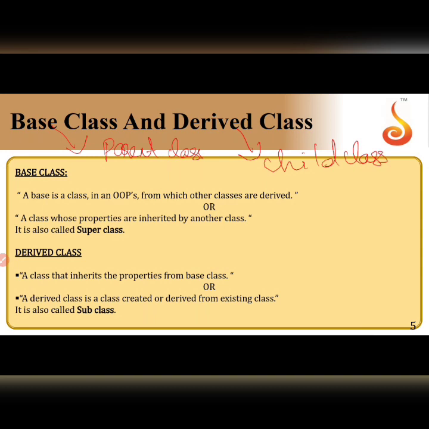A base class is a class from which other classes are derived. That is, you can create a class from that, and that class is called the base class. It is a class whose properties are inherited by another class. It is also called the superclass. You can also call them superclass and subclass.